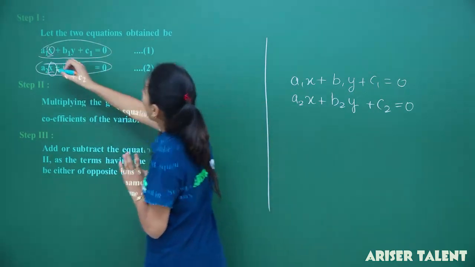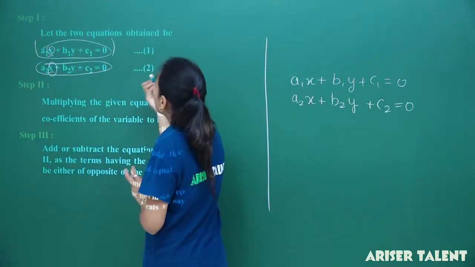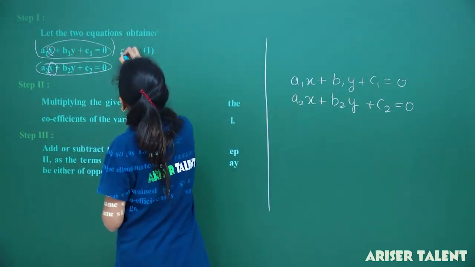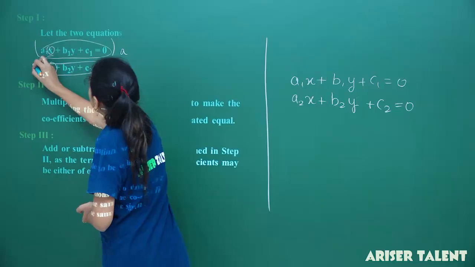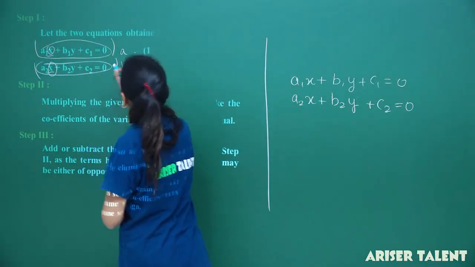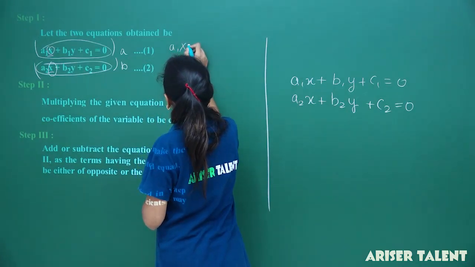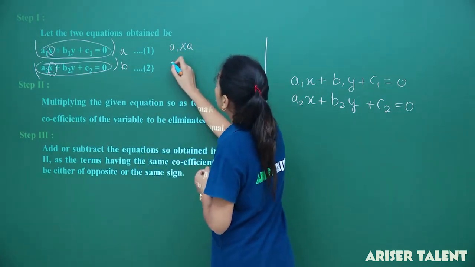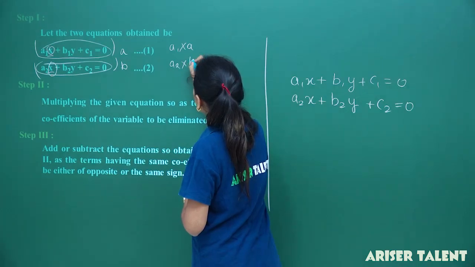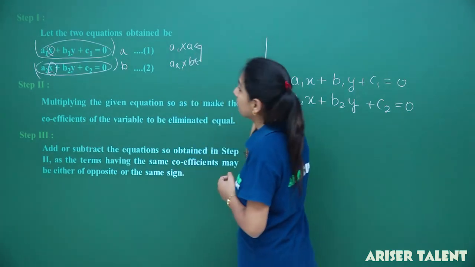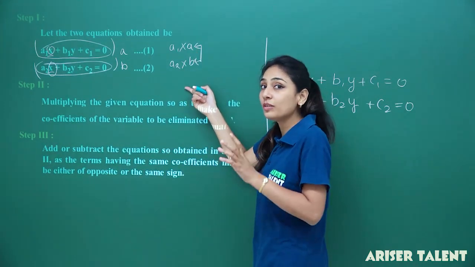That means if I multiply this equation by, let's say, a, and I'll be multiplying this by b, such that a multiplied by a1 and a2 multiplied by b, the value of these two will be same.